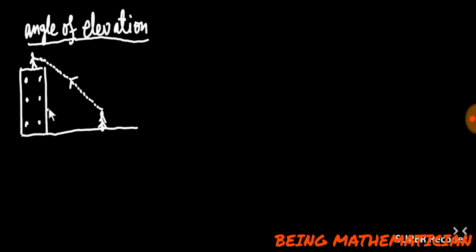We imagine another line which is parallel to the horizontal line. Now we find the angle between these two lines. We say this angle is the angle of elevation.